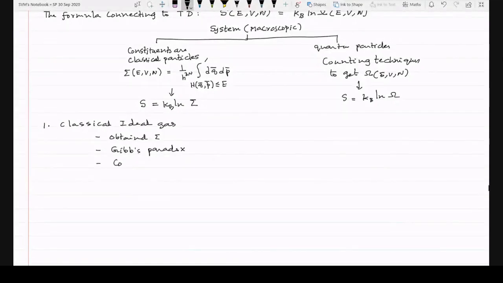Then we understood how to do this correct counting. And then using the correct counting, we derived the entropy of the ideal gas, which is called the Sackur-Tetrode equation.